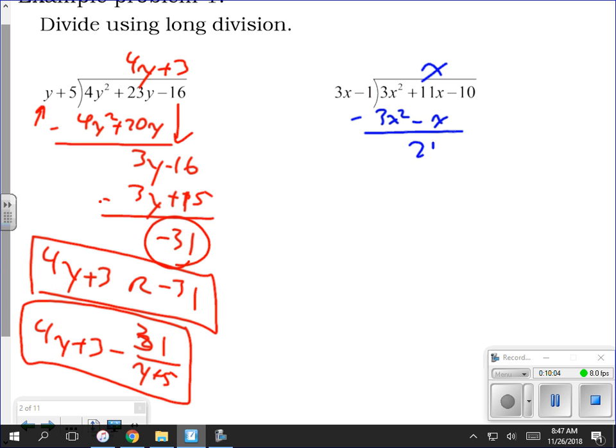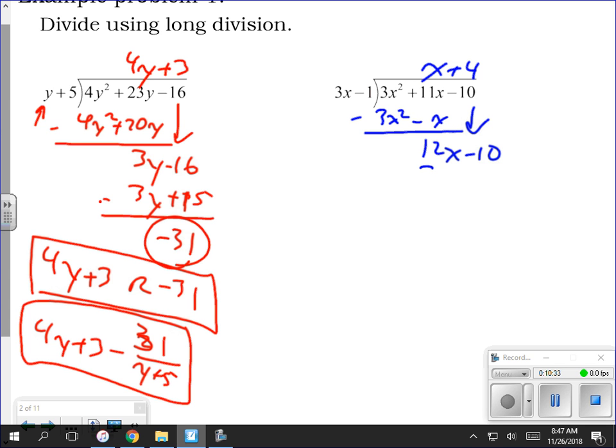So I have 12x. And then bring down the minus 10. How many times does 3x go into 12x? What times 3x gives me 12x? 4. So I have plus 4.